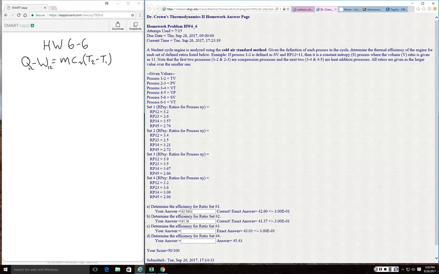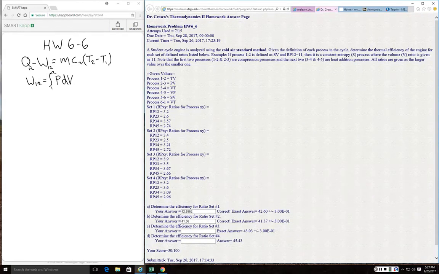If Q and W are both non-zero for a process, then we'll need another equation. It'll work for 1 to 2. Work could be given as the integral from state 1 to 2 of P dV. And then depending on the process, we get some different results.